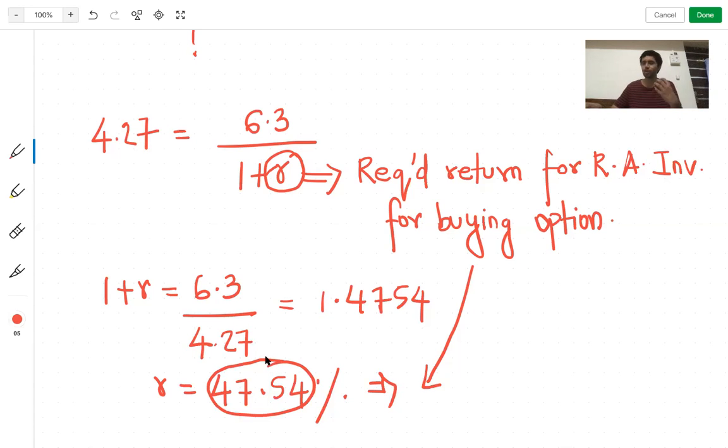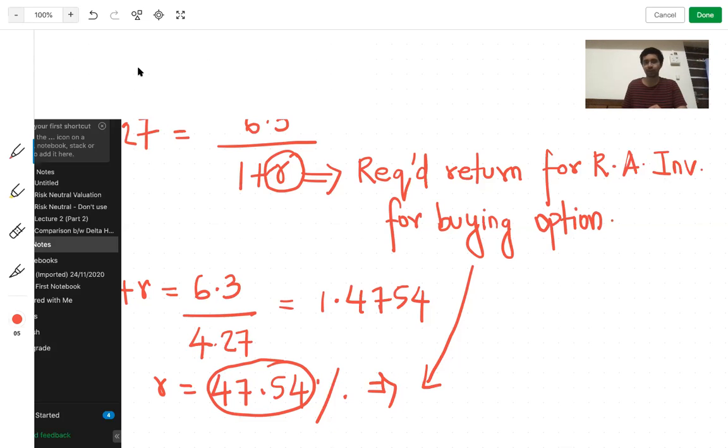It's huge. Look at the difference between 8 and 47%, right? His required rate of return for entering the options market is 47.54%. We have calculated this by backing it out, given the value of the option today is known. What I initially started speaking was, when we were initially talking about the discounted cash flow technique, we did not know the value of the option.